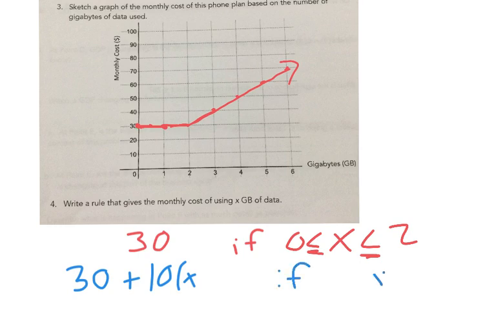If x is greater than 2. I'm not finished. This doesn't work. I hate to tell you guys. If x was 3, how much did I pay? 40. Your rule says I paid 60. So when it's 3, what do I want to multiply 10 by? 1. But I'm multiplying by 3. I'm too many.